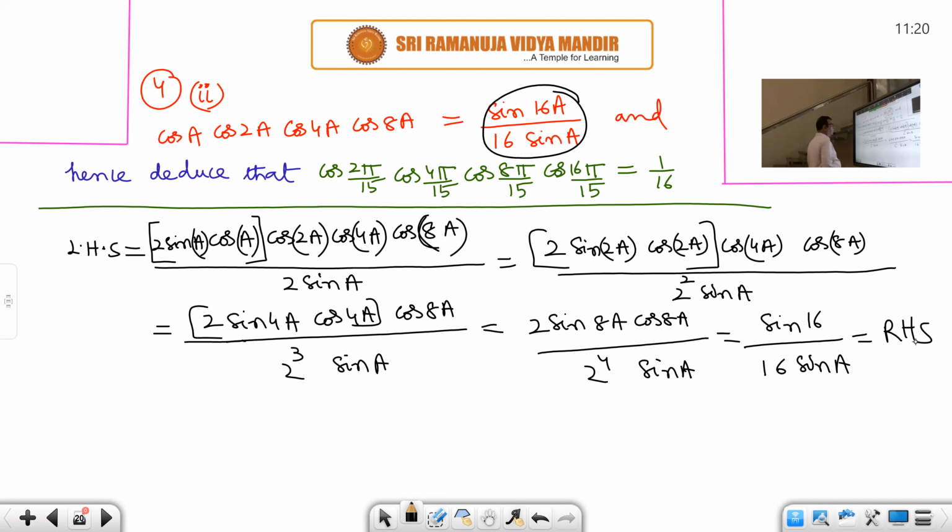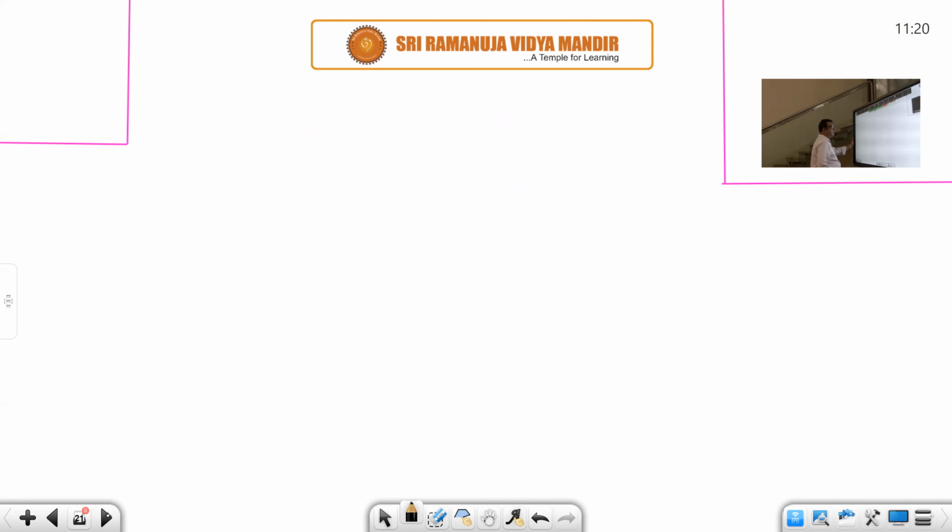See, this can be taken as a formula. Cos theta, cos 2 theta, cos 2 square theta, angles in GP with common ratio 2 only. Common ratio must be 2 only, not 3, 4 like that.